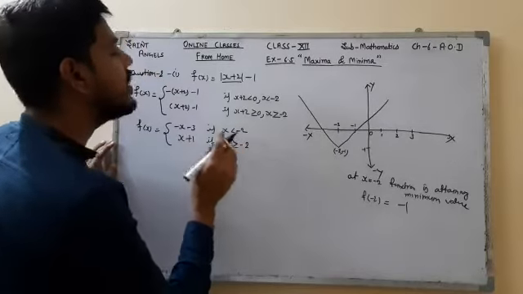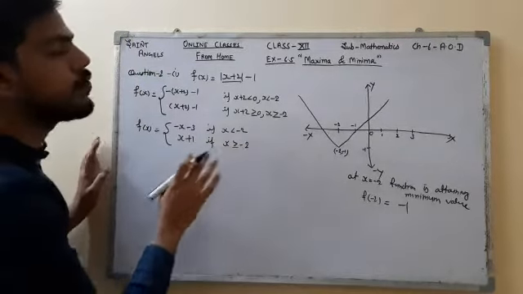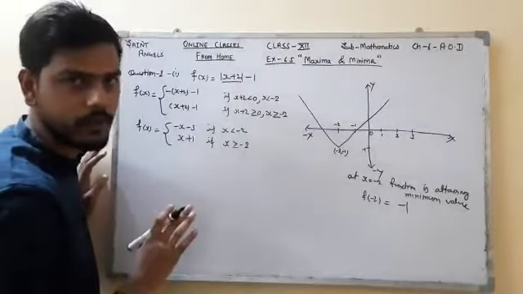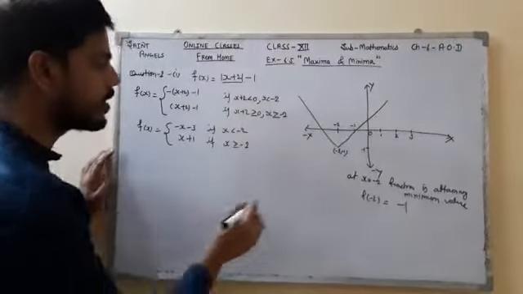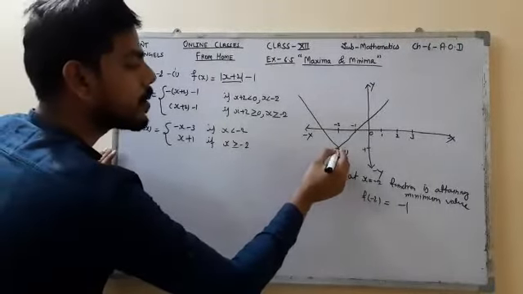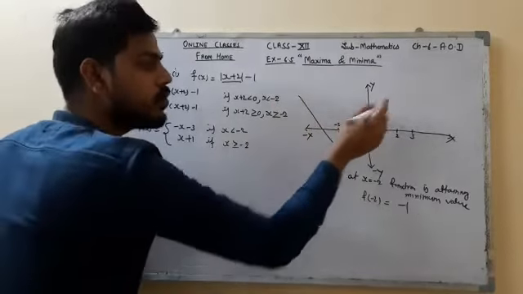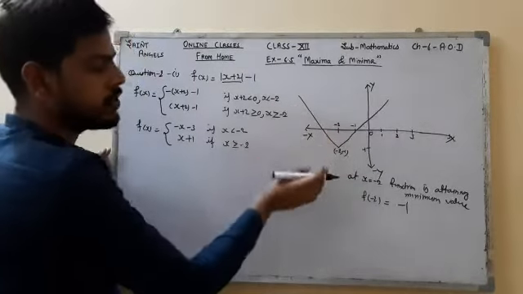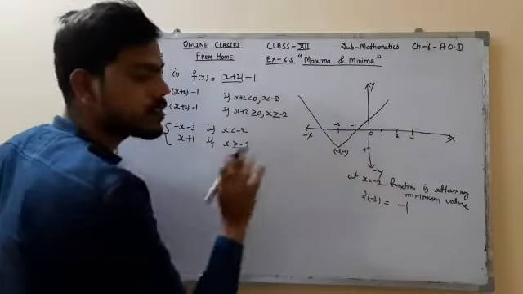Clearly at x equals minus 2, the function is not differentiable because it is a tilt point. But before minus 2 and after minus 2, the function is differentiable and continuous. But at x equal to minus 2, the function is not differentiable.